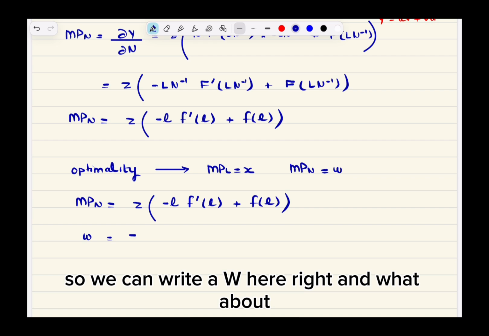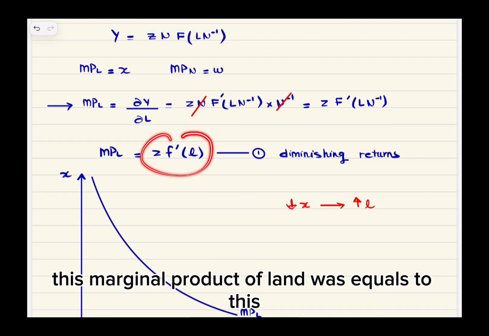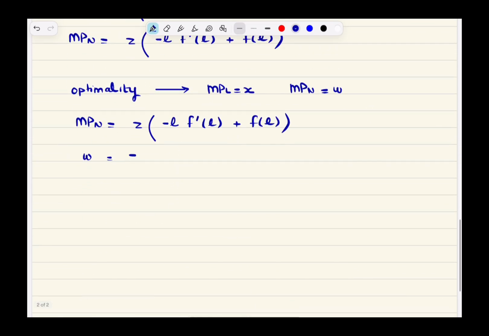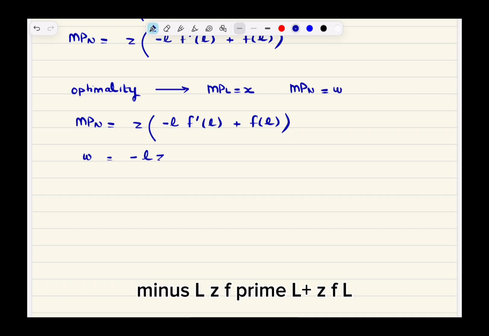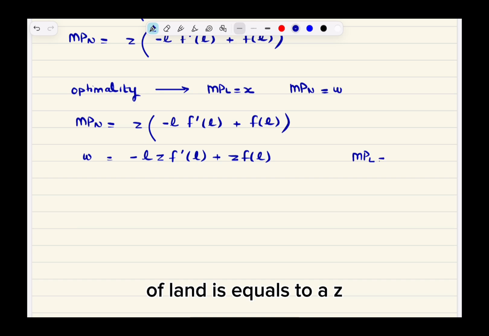And what about this? The marginal product of land was equal to this, and therefore I can substitute it here. Let me open this expression up: minus L Z f prime of L plus Z f of L, where we just found out that the marginal product of land is equal to Z f prime.